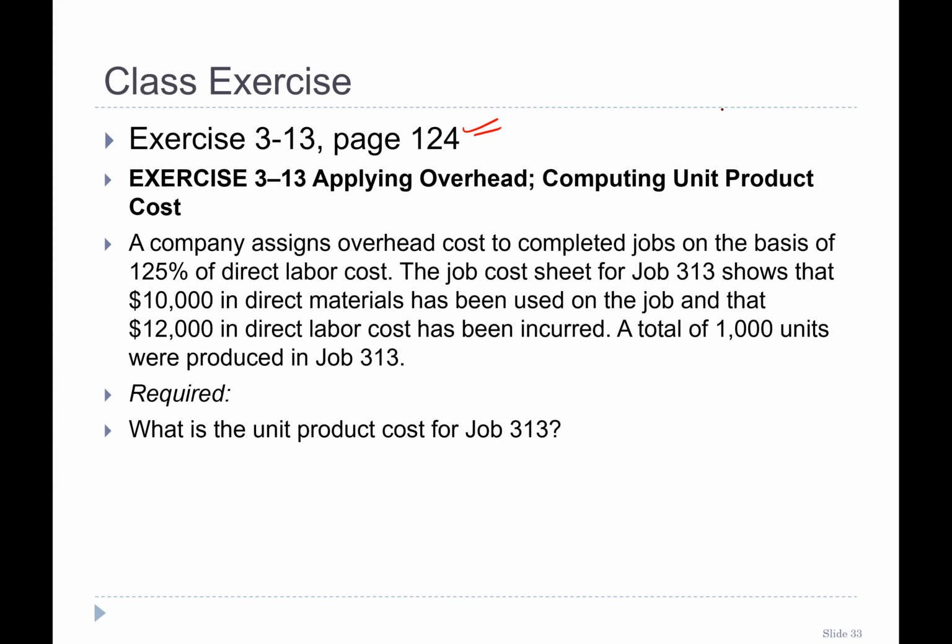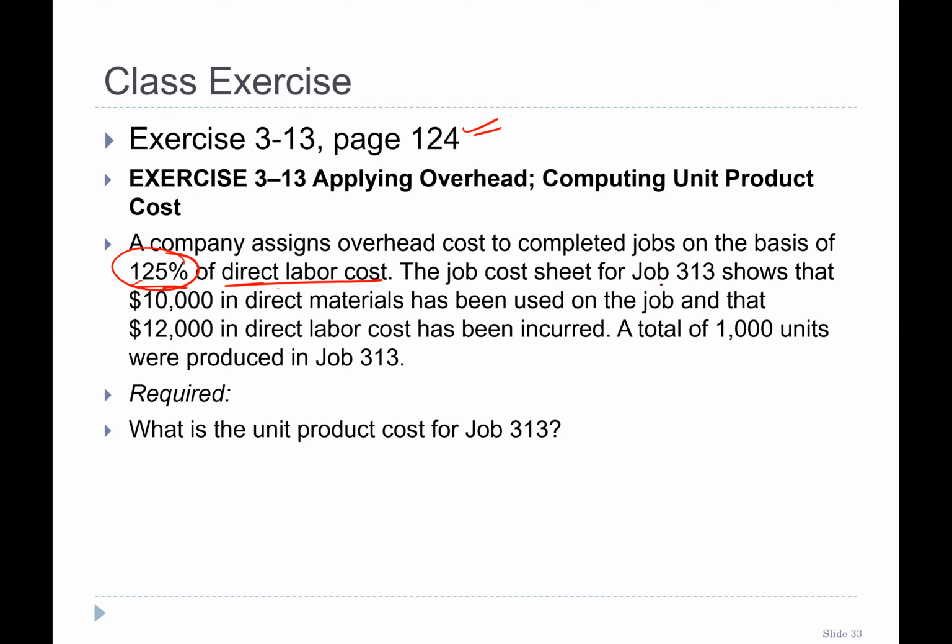So let's just read the question and then we compare the answer. The company assigns overhead cost to completed jobs on the basis of 125% of labor costs. It means their POHR is based on labor cost in figures, and that is 125%. So they have given the POHR, right?